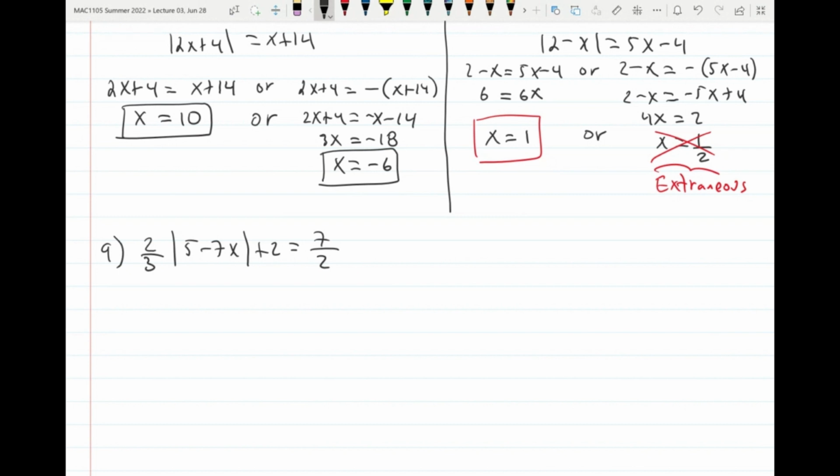So let's see, what should be the first step here to make your life easier? If you bring the 2 over, you have to add or subtract fractions. If you are okay with that, that's fine. But remember, when you have a lot of fractions, what you should do is get rid of them to avoid complications. You might make a mistake combining them and then you will be in trouble.